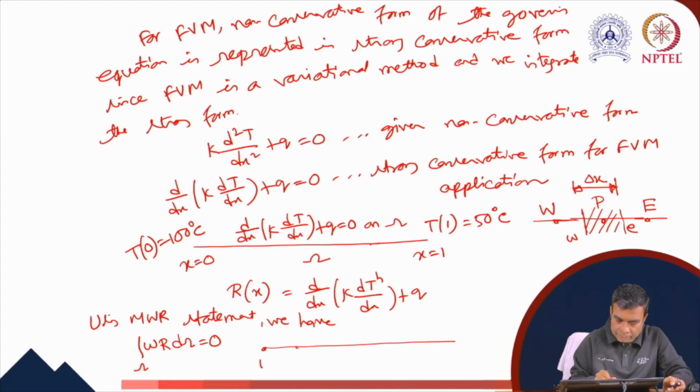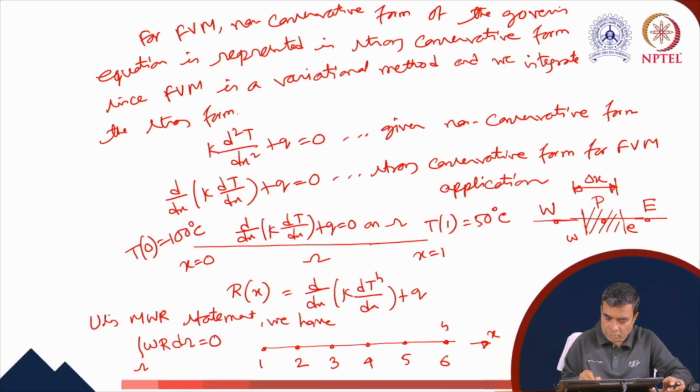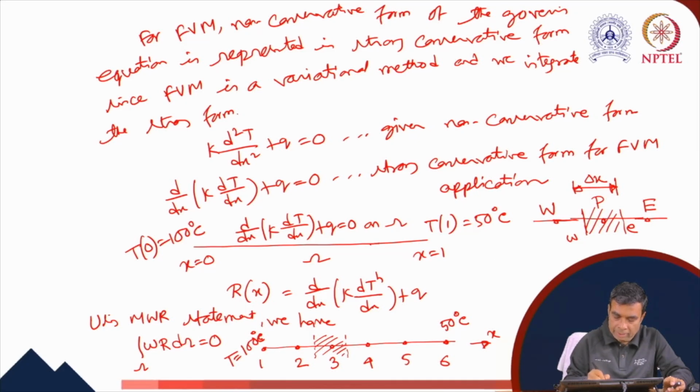So node 1, node 2, node 3, node 4, node 5 and finally node 6. This is the x-axis. At node 6 we know the solution as 50 degrees centigrade. At node 1 we know the solution as 100 degrees centigrade. Now here we are showing one representative cell. So this is the finite volume cell corresponding to the cell center approach. So this point 3 is equivalent to point capital P in this latter picture.